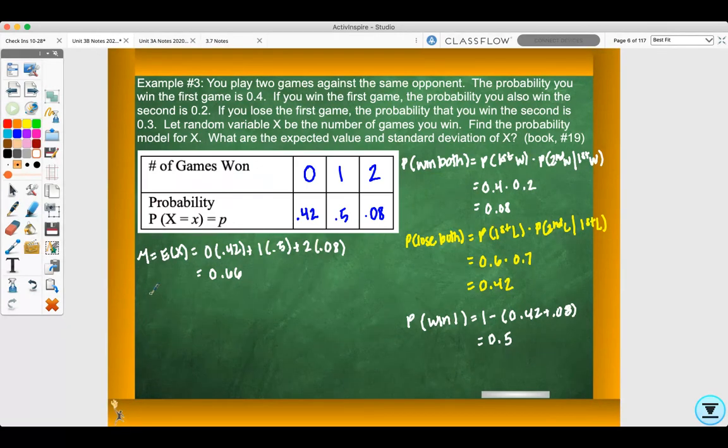Now, in order to find the standard deviation, you first have to find the variance. So we're going to find the variance first, and then take the square root of that to find the standard deviation. So my variance would be, I take my number of games won minus my expected value, square it, and multiply it by the probability.